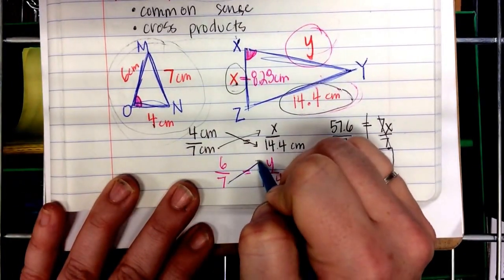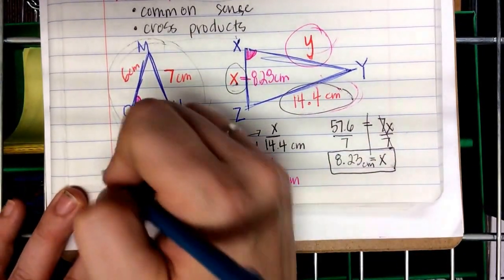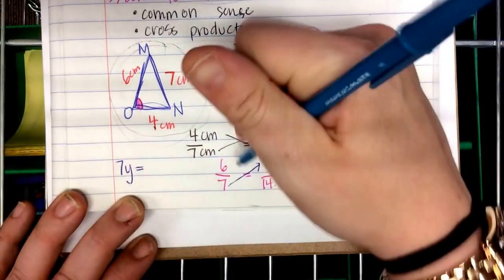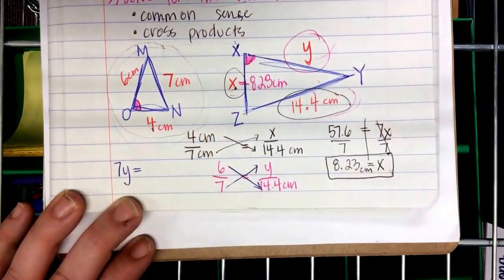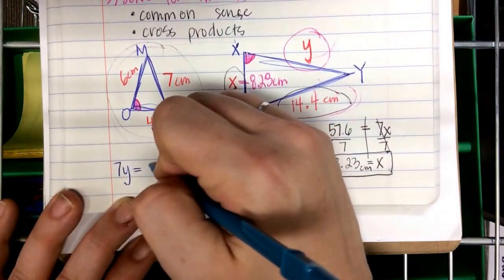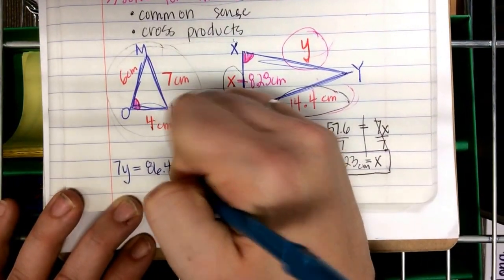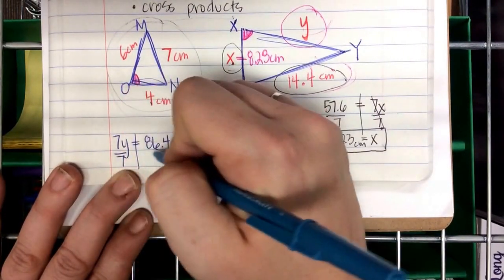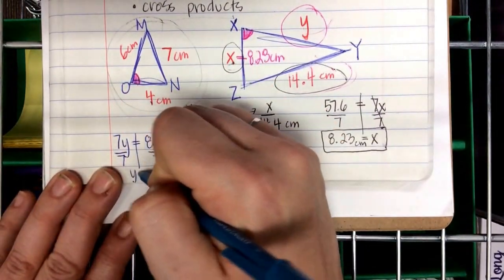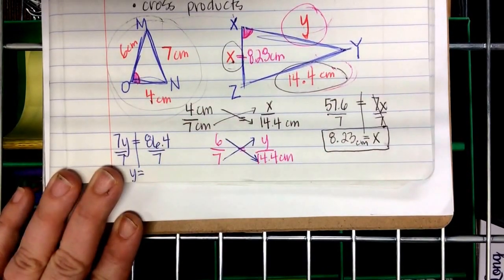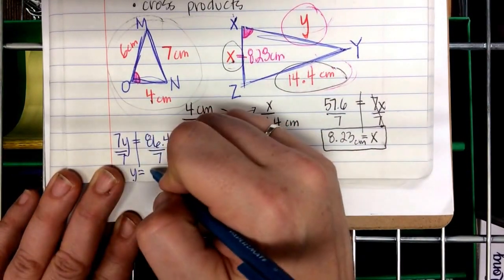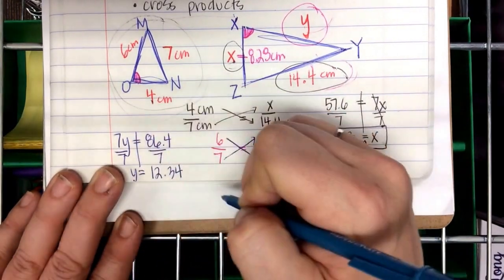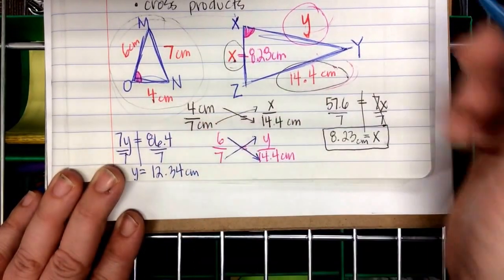What's 7 times Y? 7Y equals, what's 6 times 14.4? 86.4. Am I done? Divide by 7. Give me 2 decimals. 12 point what? 34 centimeters.